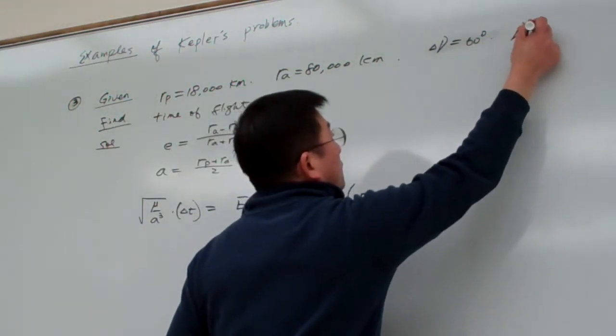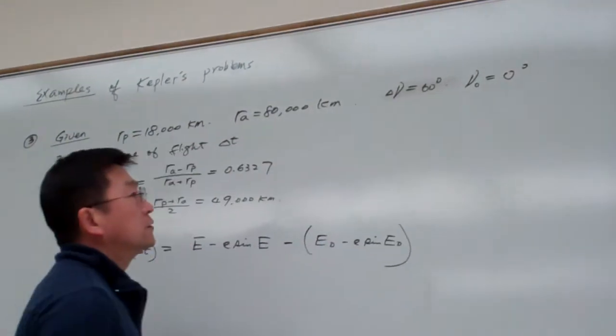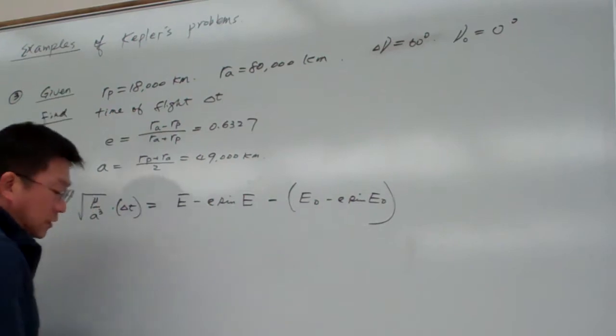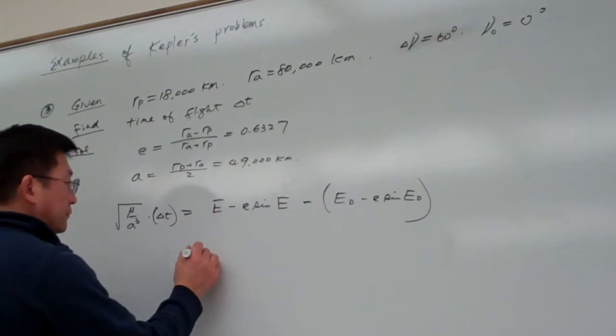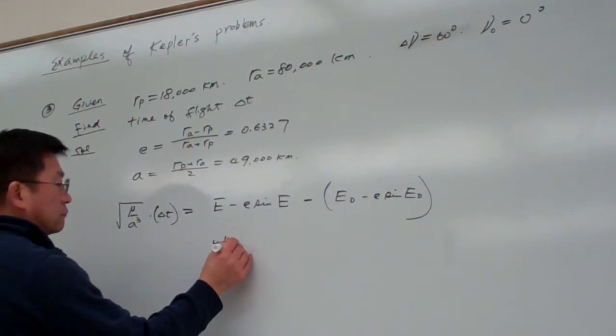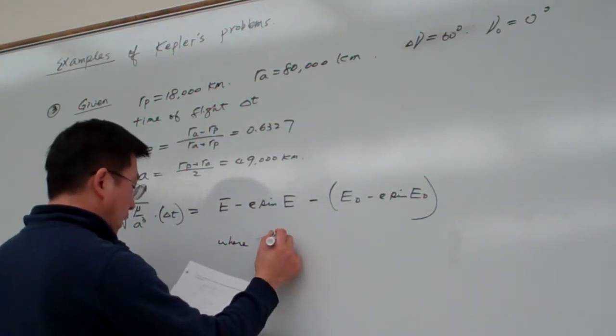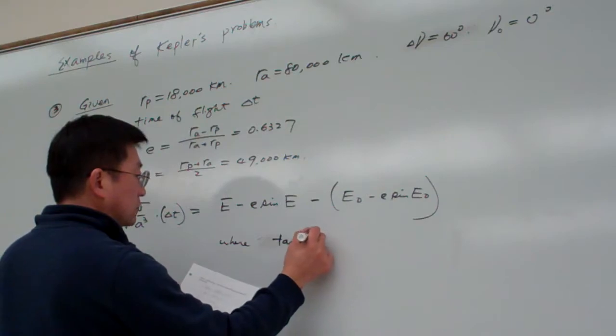I will give additional information. So that means here the E can be related to the true anomaly by tangent.